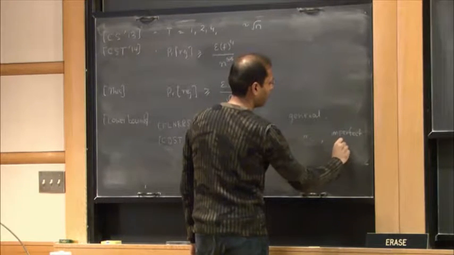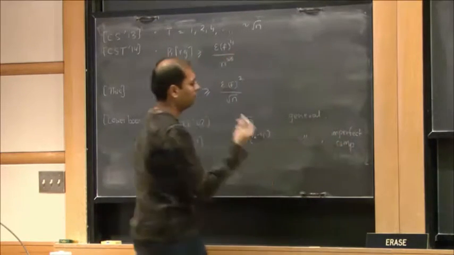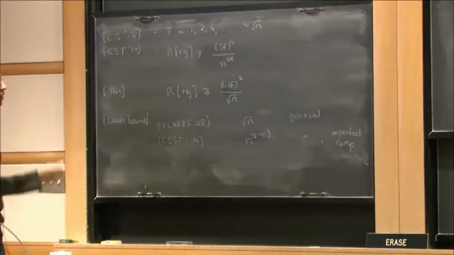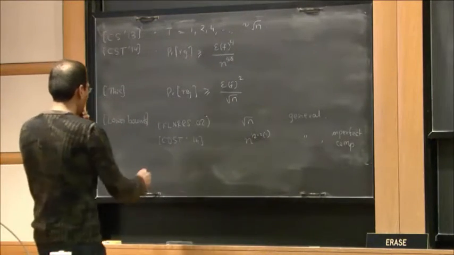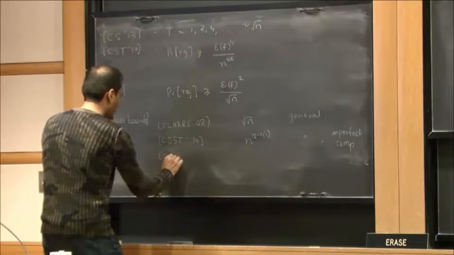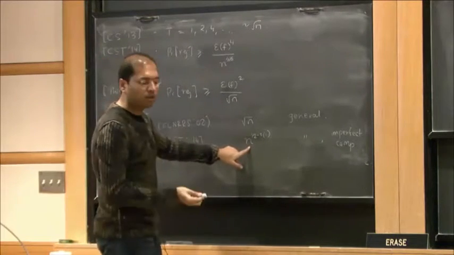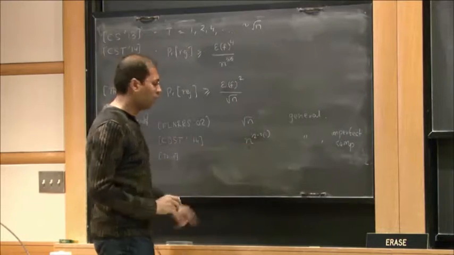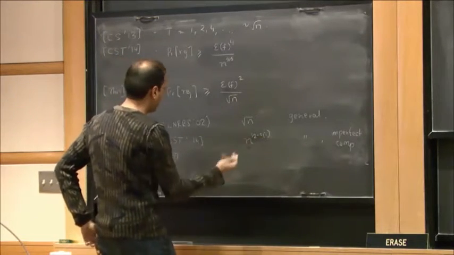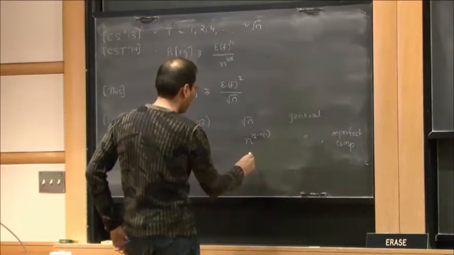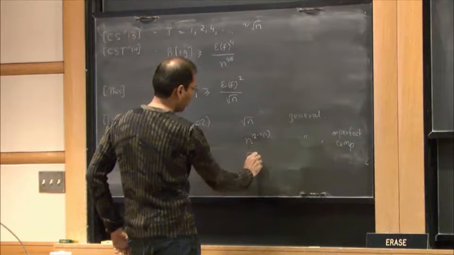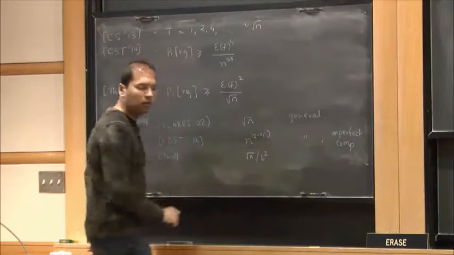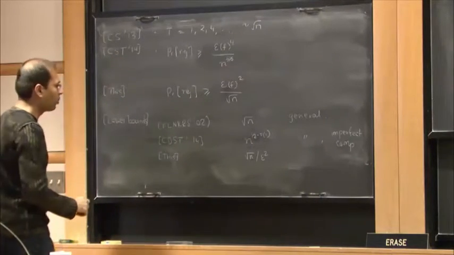You could allow imperfect completeness, so that even if the function is monotone, maybe the tester is allowed to reject with some small probability. So this holds even for that. In our paper, well, it's clear that root n is the right answer. So in our paper, we also show a rather simple lower bound and show that if you insist on dependence on root n, then the dependence on epsilon has to be epsilon squared.